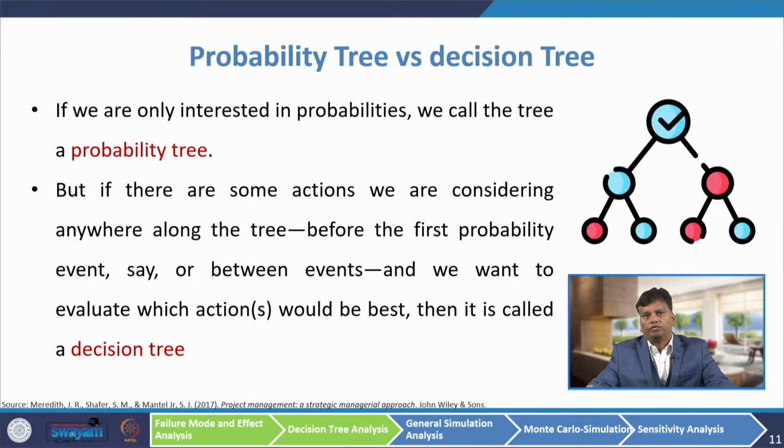So, before each event, if we are intervening with some action, then we want to know which is the best possible option. That can be found using this decision tree. Here our purpose is not to know the probability, but to assess the consequences of each action.